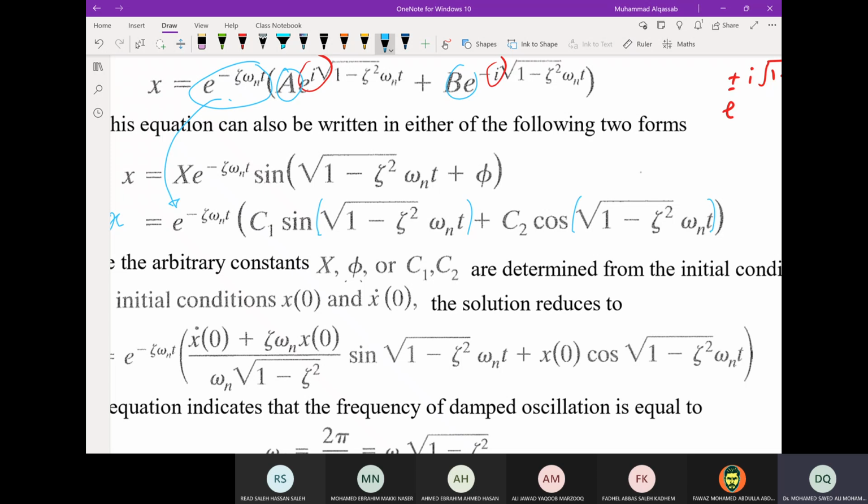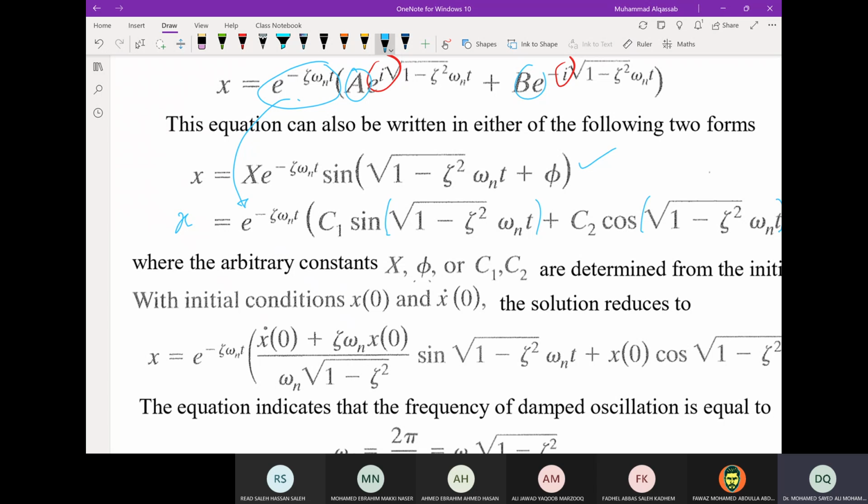This is one form of writing the expression or the solution, and you can use the trigonometric identities to get this equation, which is also valid.